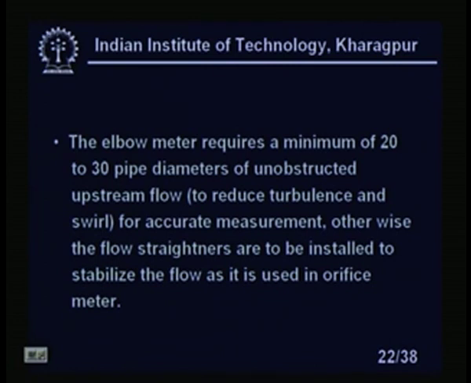Otherwise, flow straighteners are to be installed to stabilize the flow, as is used in the case of orifice meter. It is a bundle of tubes all welded inside and put inside the pipe. So it will eliminate or reduce the turbulence and swirl, right.